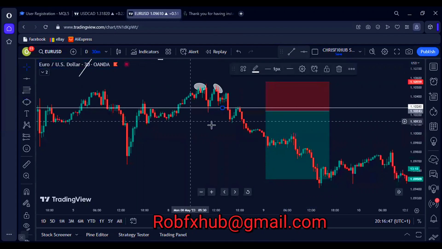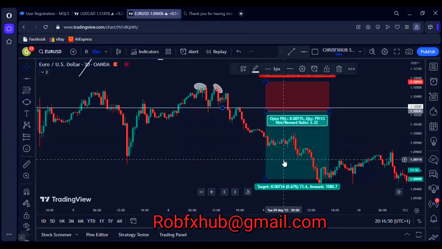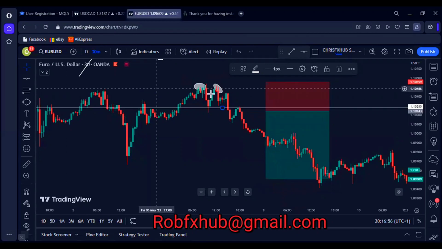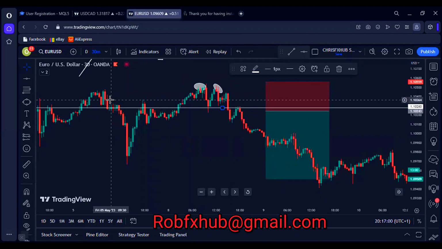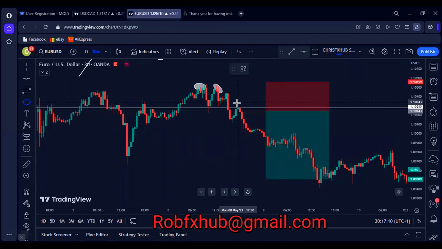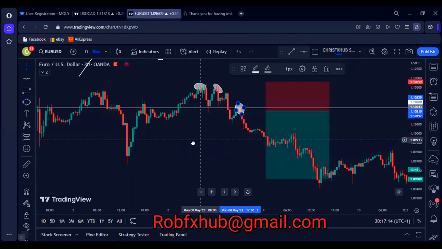Break, retest. And the same move. Though some persons will call this a triple top. Fine, wherever you call it, it's fine. But what I'm trying to say is that it's all about break of structure and retest. This is it. Break of structure, retest.